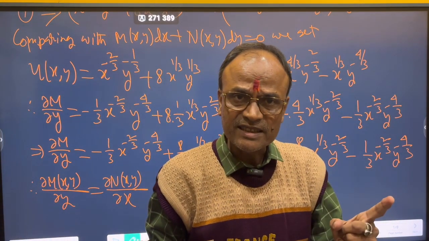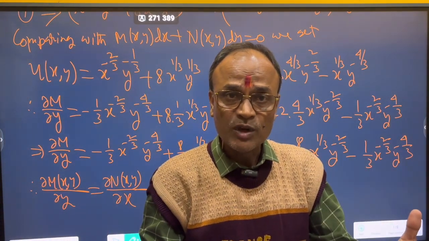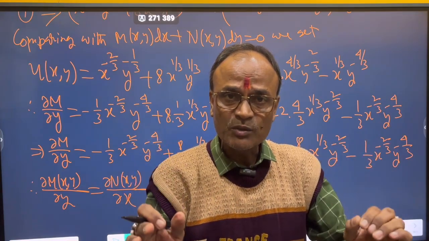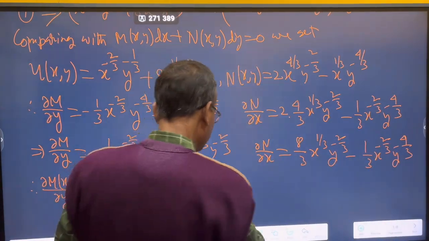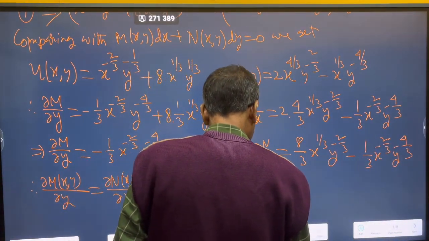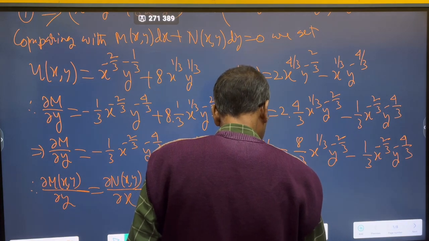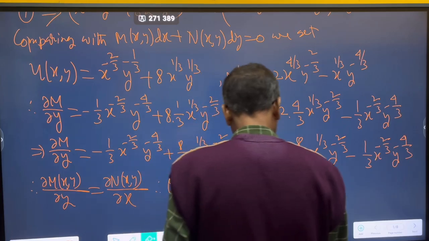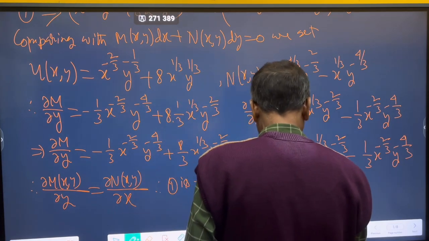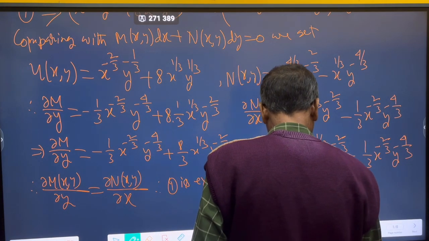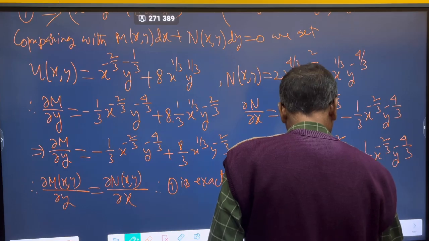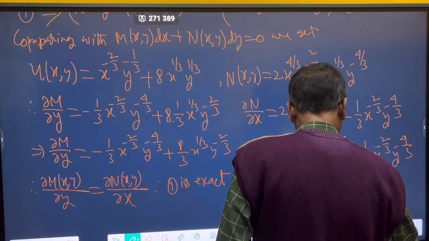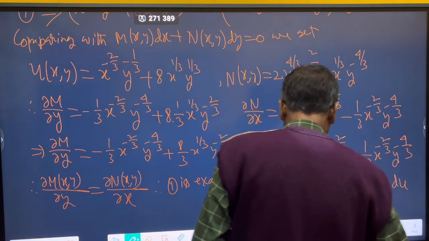Since 1 is exact, there exists a function u of x, y such that M dx plus N dy is equal to du.